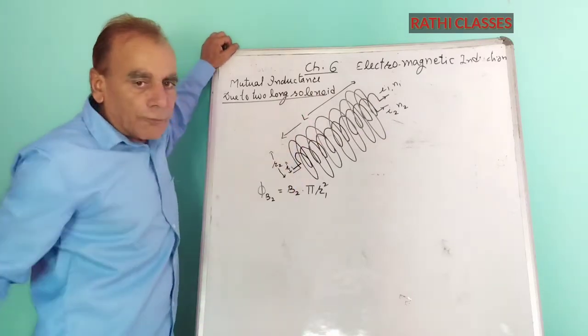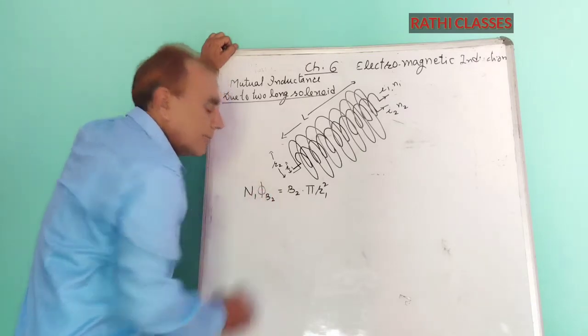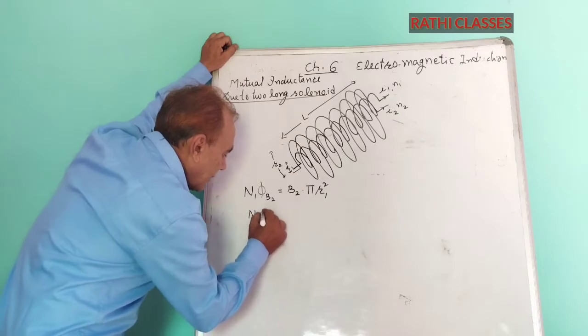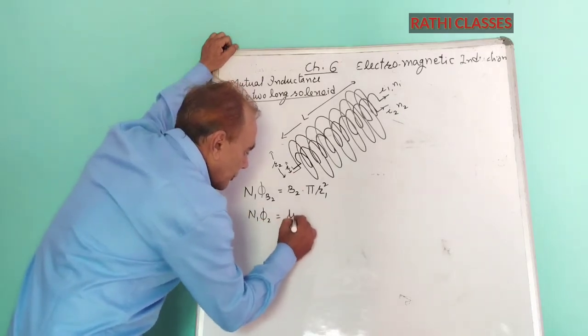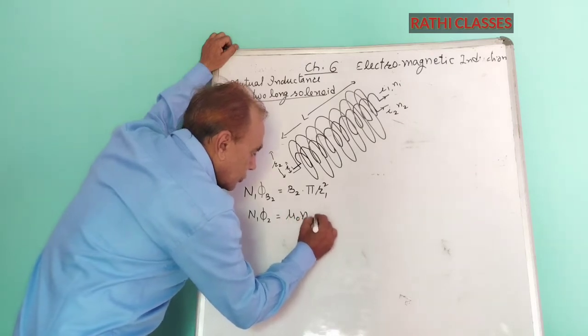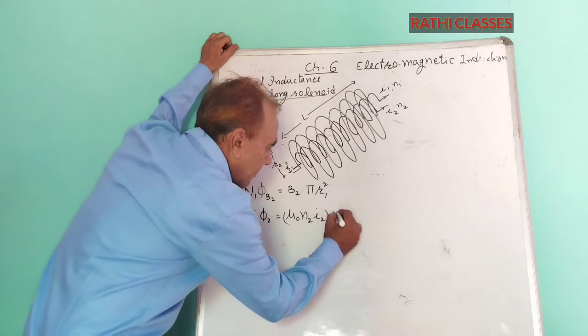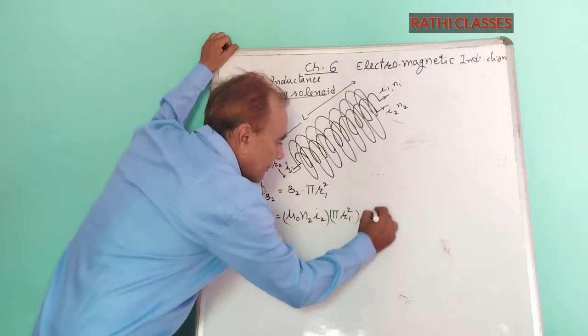If the total number of turns is N1, then N1 phi 2 is equal to mu naught n2 I2, bracket, pi R1 square into capital N1.